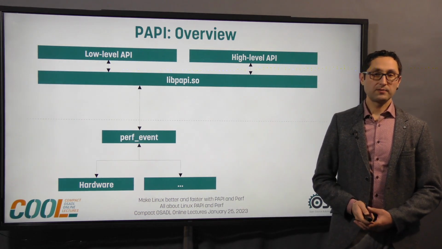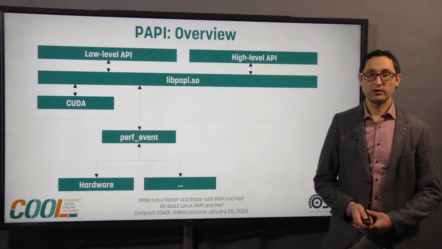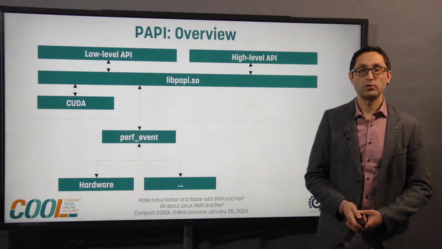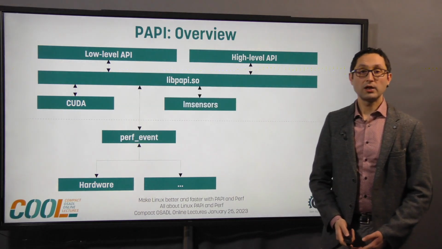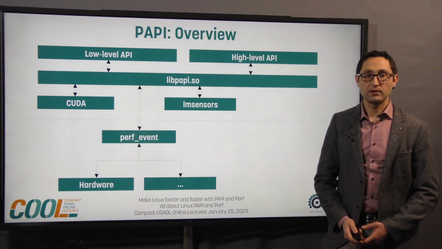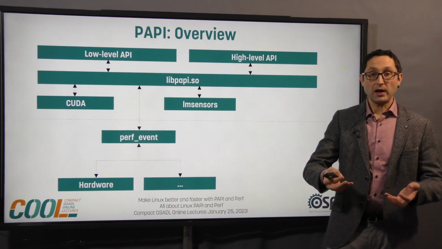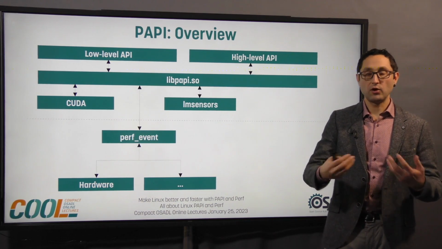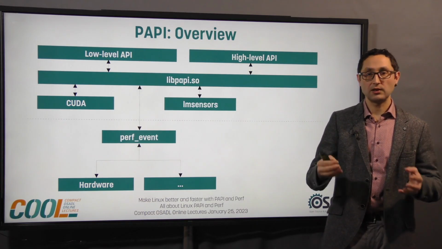Another advantage is it also comes with a couple of subcomponents. And actually perf is just a subcomponent of PAPI. You can also use libcuda. You can use lm-sensors with PAPI, like if you want to see how the temperature might affect the performance of your system. So you can collect the data with one single measurement and then aggregate it.